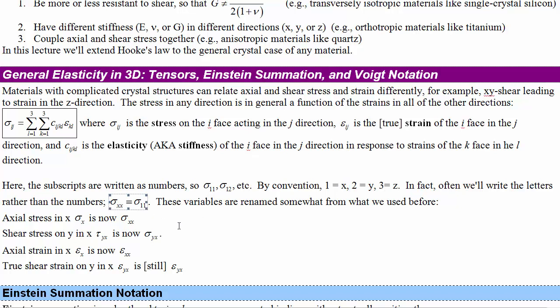And oftentimes we're going to be writing out the letters rather than the numbers. This is usually the case for the stresses and strains, but not so much for the coefficient mapping them. So we'll almost always use numbers for this mapping coefficient, but we'll use letters sometimes for the stress and strain.